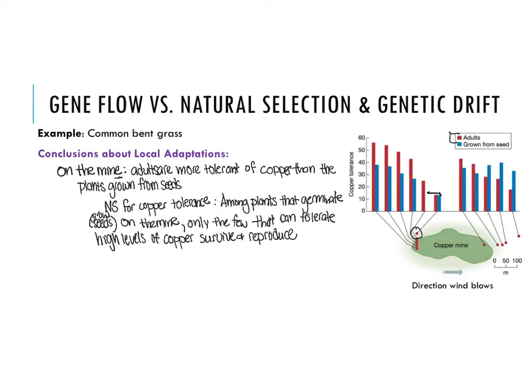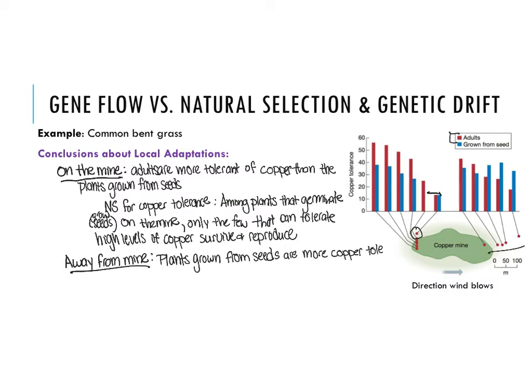Now, away from the mine, it's a different story. So in transect 2, the transect over here, we see a different pattern. What we saw there is that plants grown from seeds are more copper tolerant than adults.